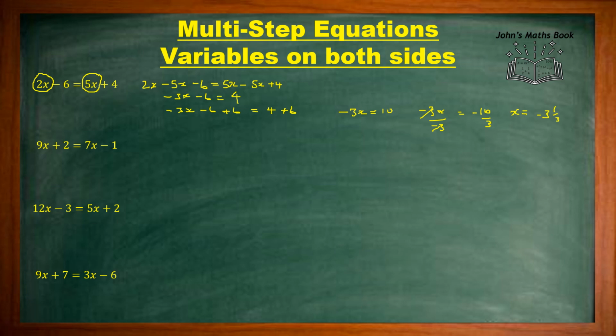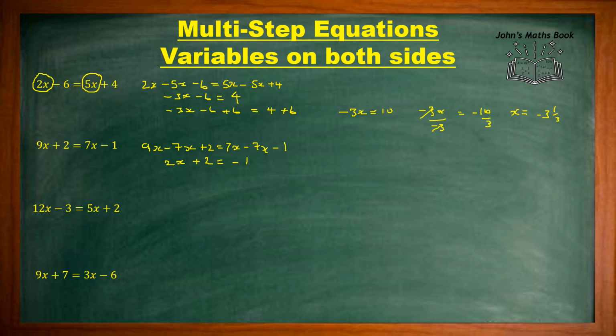So we have 9x minus 7x plus 2 is equal to 7x minus 7x minus 1. That leaves 9x minus 7x, which is 2x, plus 2 is equal to 7x minus 7x, which eliminates the x variable from the right hand side, is equal to minus 1.